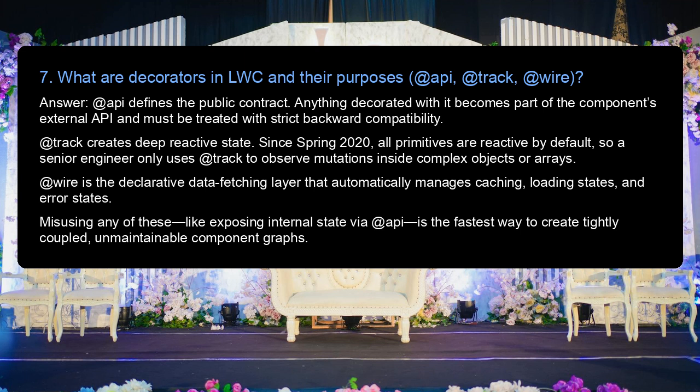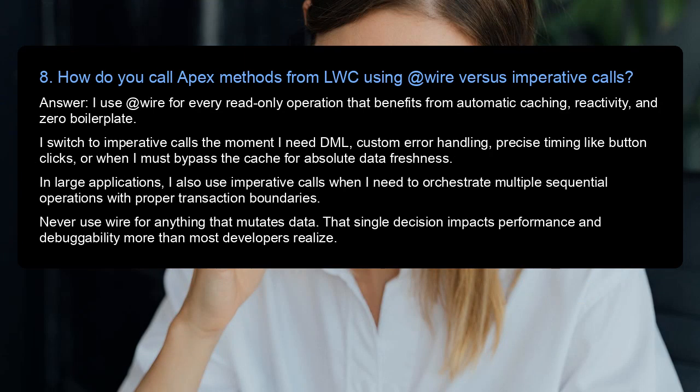Since Spring 2020, all primitives are reactive by default, so a senior engineer only uses @track to observe mutations inside complex objects or arrays. @wire is the declarative data fetching layer that automatically manages caching, loading states, and error states. Misusing any of these, like exposing internal state via @api, is the fastest way to create tightly coupled, unmaintainable component graphs.